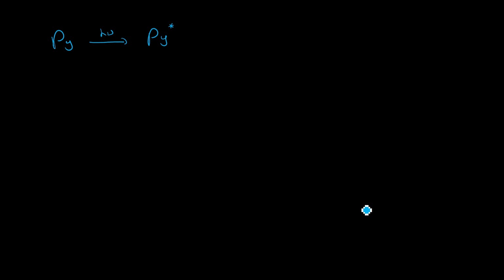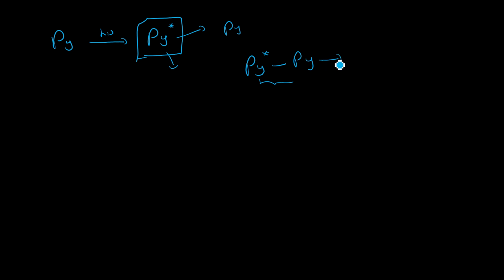Now when the excimer formation happens, these excited pyrene molecules will form weak bonds with other pyrene molecules. So this particular excited pyrene molecule will create a weak bond with another pyrene molecule. Now you know from basic chemistry that when something forms a bond, it gets stabilized.